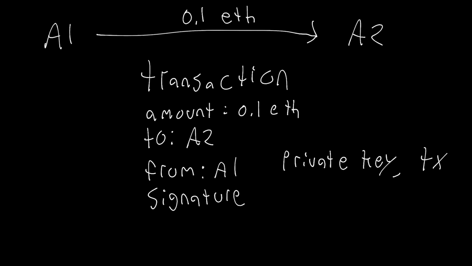Because again, you can only send this Ethereum if you have access to the private key of the account that's supposed to be sending the Ethereum. So just know for now that you can verify a signature very easily without knowing the private key of the account. You just use a certain aspect of the public key. I'm not going to go into too much more detail, but that is how you verify a signature.